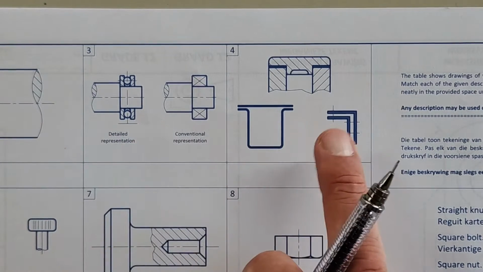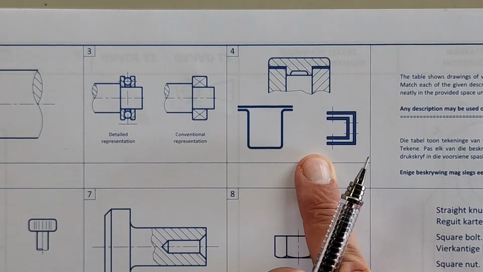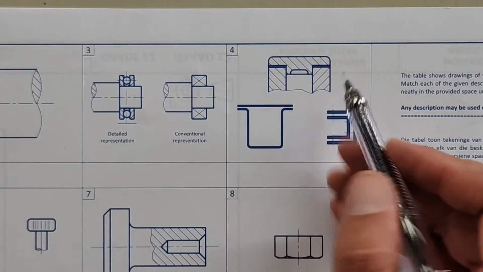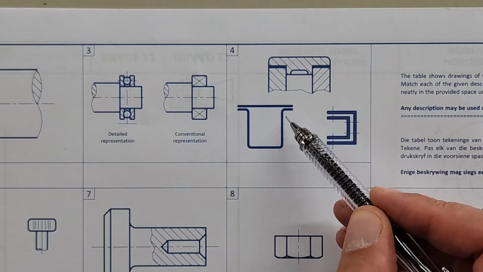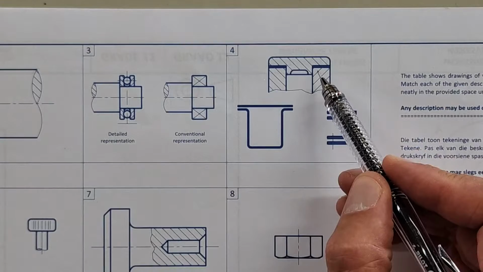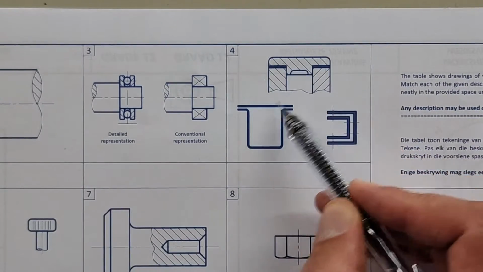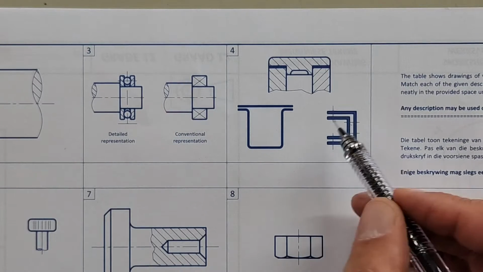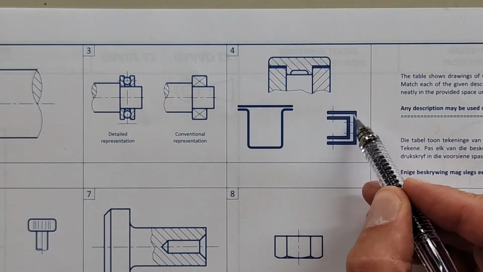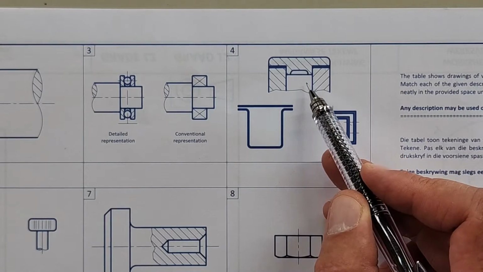Okay. Your next drawing is hatching of thin components, arsering van dun komponente. So that's the alternative, zoomed in part there. Hatching of thin components where not necessarily you will be able to add that hatching, arsering van dun komponente.